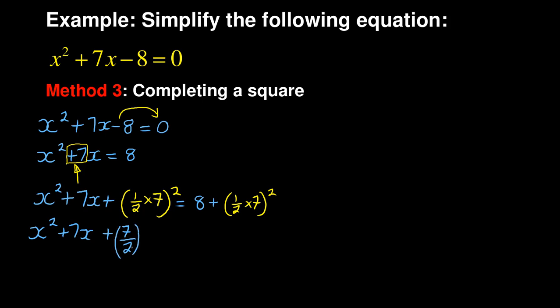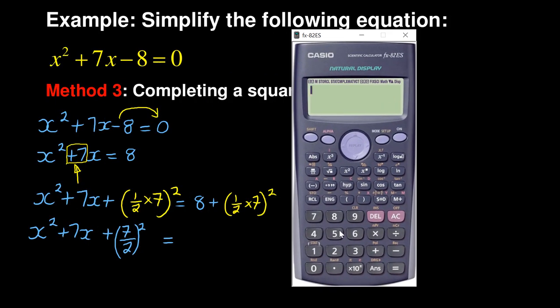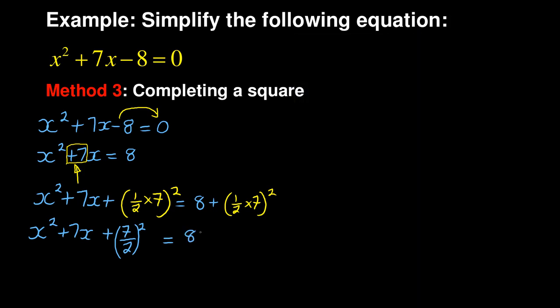Remember, this is squared is equal to, but now on the right hand side of the equal sign, I'm going to simplify that and give it 8 plus bracket which is 1 over 2, and then times 7, and then I'm going to square that. You can see I'm getting 81 over 4.